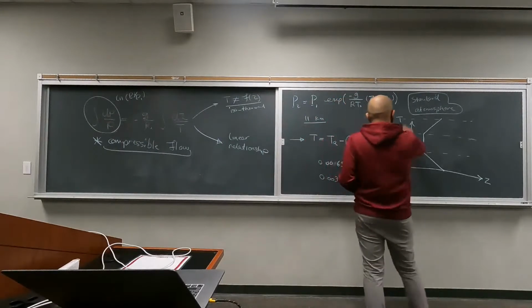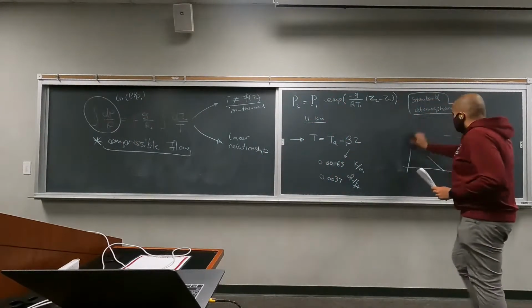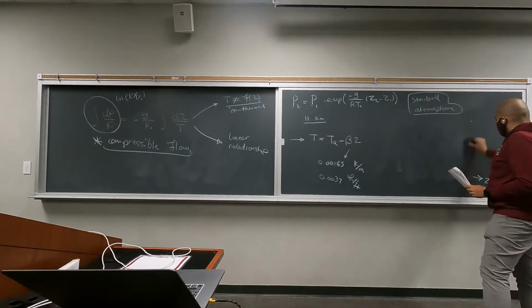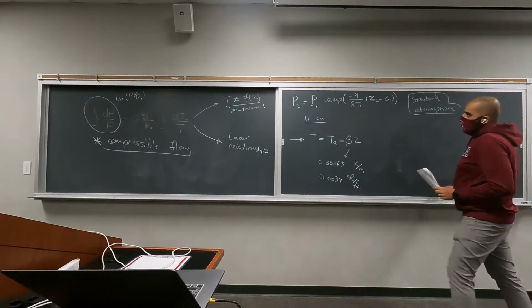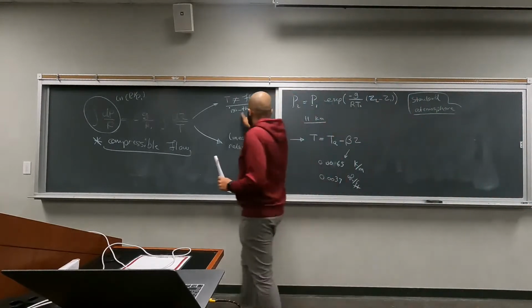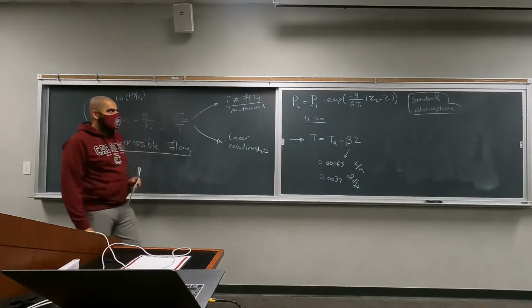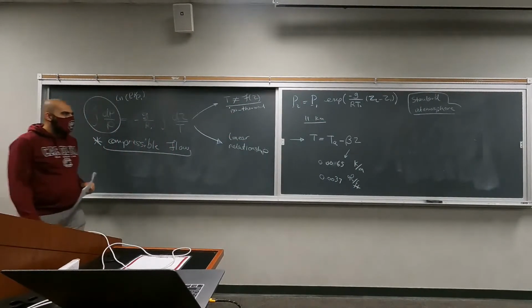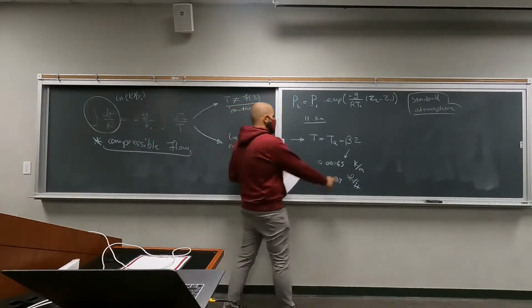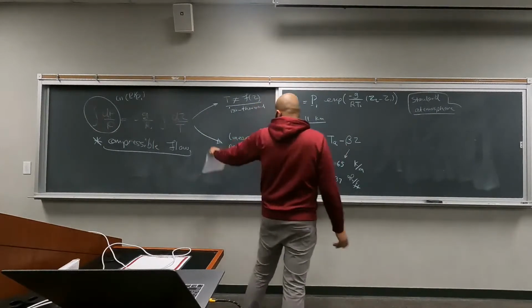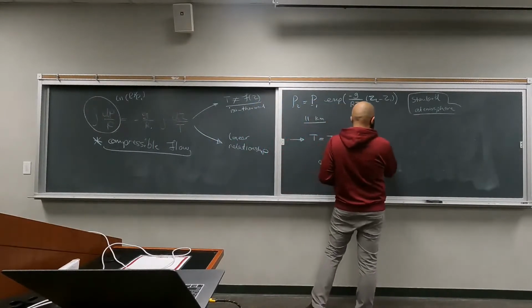So we already have the solution for isothermal, the constant temperature with altitude. We need to plug this in and take the integral. Let's plug it into the main equation we have.